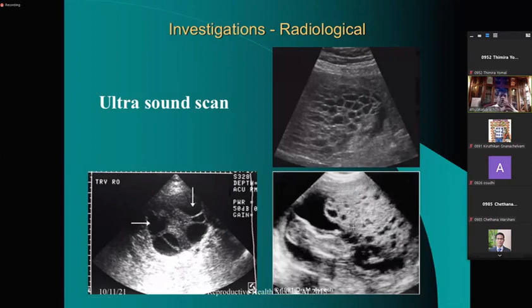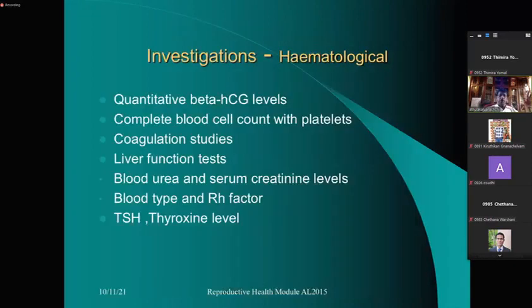Right. So once you make a diagnosis, then you need to do certain other tests, just to make sure you're not ending up with complications, because this proliferated placental tissue can sometimes spread to other organs, metastasize or embolize, and produce some symptoms.